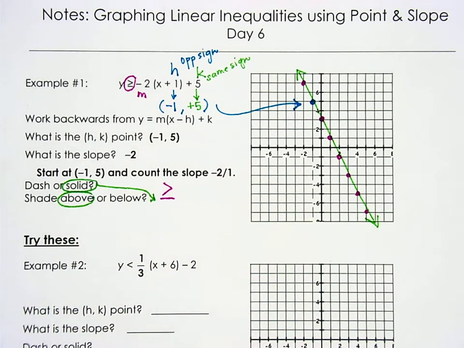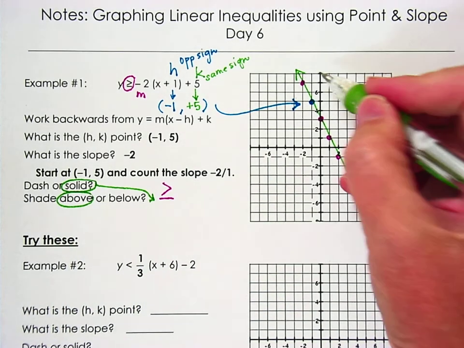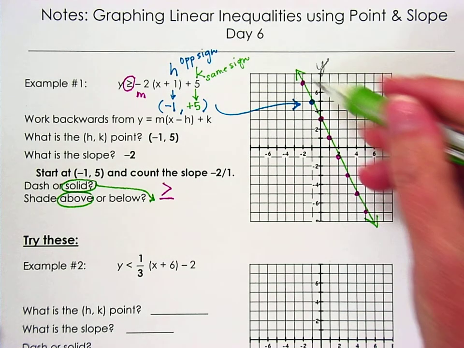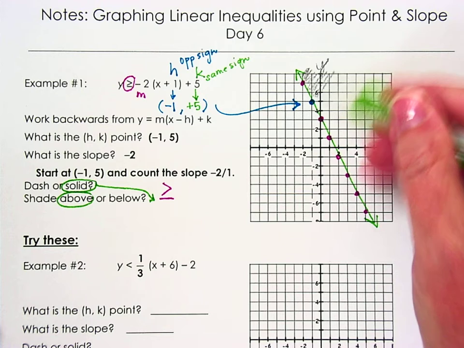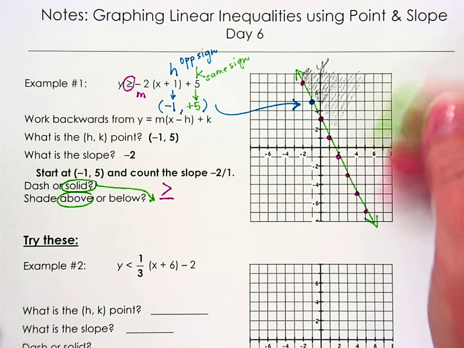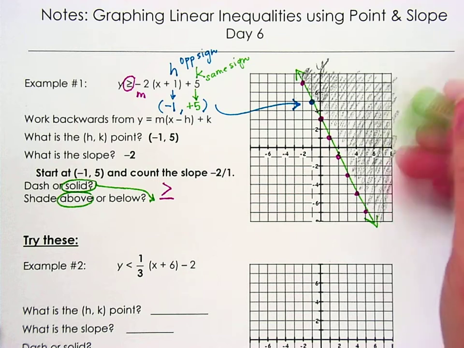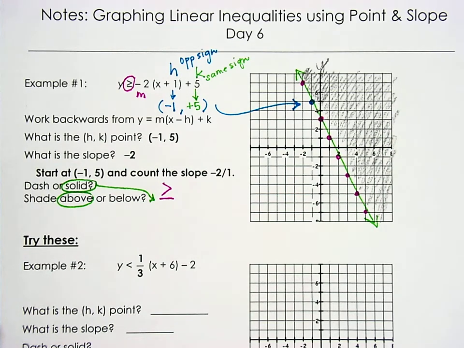So use the side of your pencil. Here's my y-axis. So I'm going to shade the entire section that's above that line, where the y-axis is greater than the line. And that's the end of that problem.